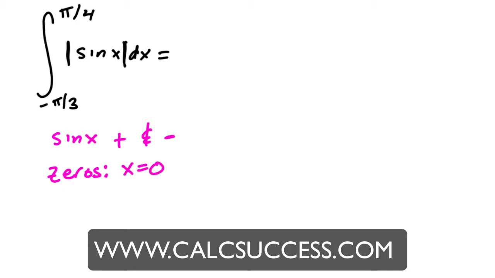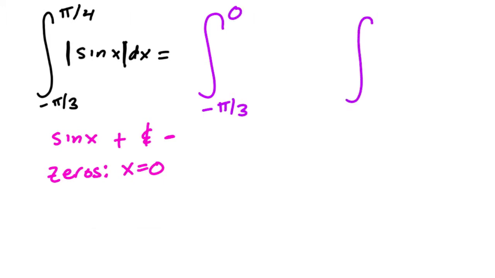x equals 0. So what that means is that I'm going to split up this integral into from negative pi over 3 to 0, and then from 0 to pi over 4. Then remember, these are both going to be of sine of x.